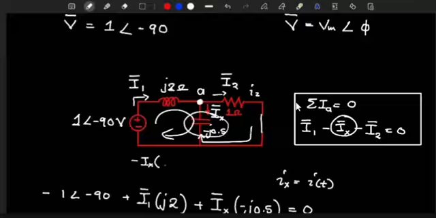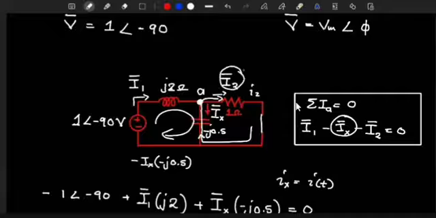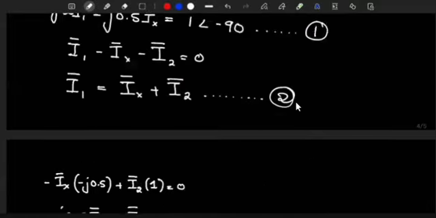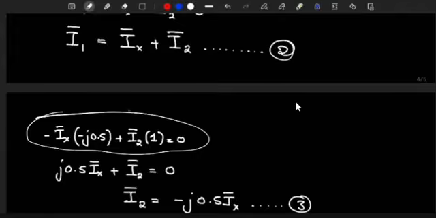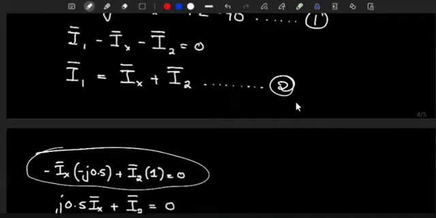The impedance here also comes with a minus. So minus J 0.5. Then when you continue looping, here now you'll be going in the same direction as I2. So you have positive I2, multiplying the resistance there, which is just 1 ohm. So this is how we came up with this expression here. Do you remember? Yeah. Okay.